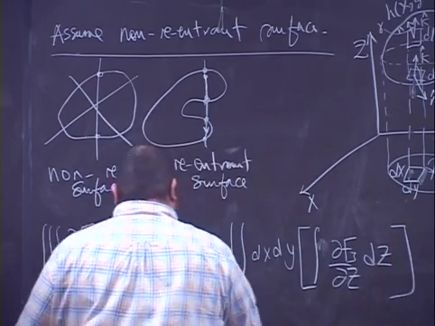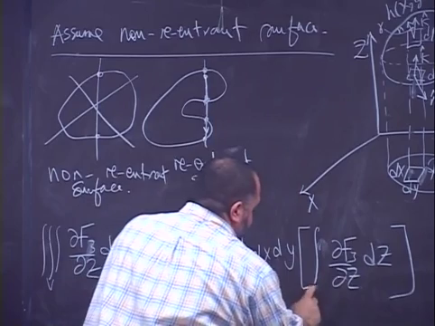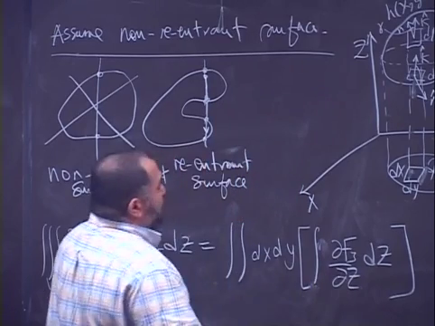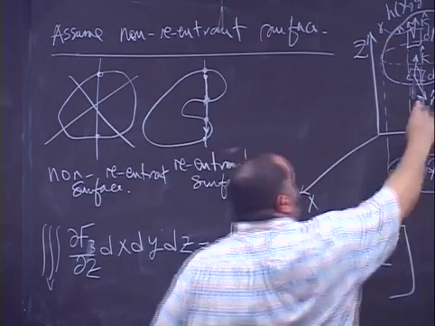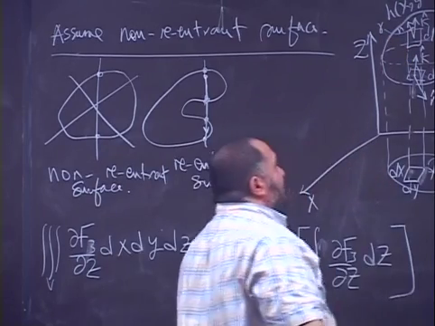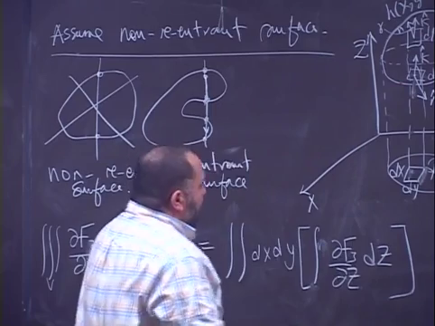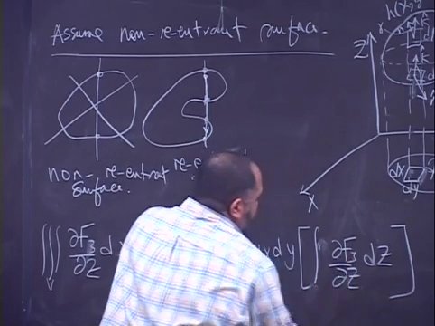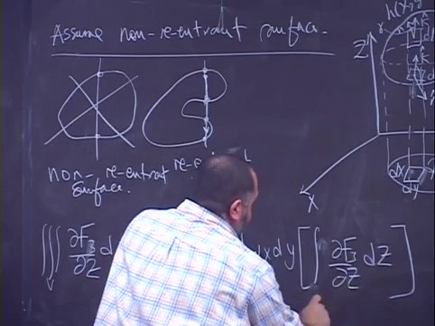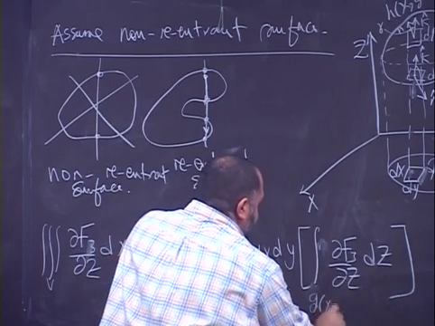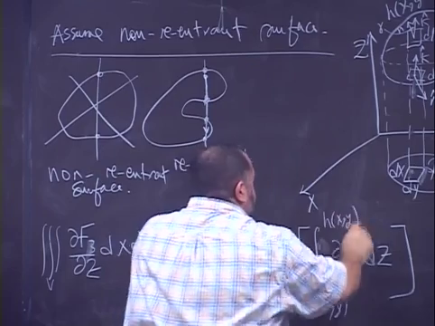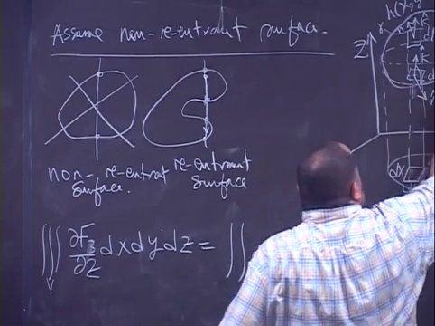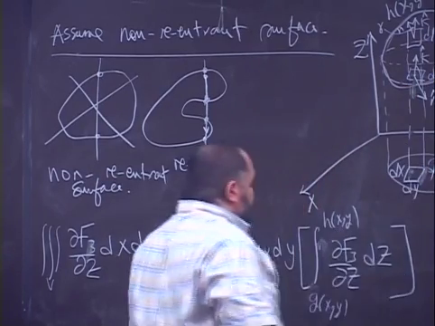So I evaluate the integration now in the z direction. Okay, guys? In the z direction, this surface is non-reentrant again. It will cross in 2 points only. So I evaluate the function df3 over dz from g of x and y to h of x and y, from the lower surface to the upper surface.